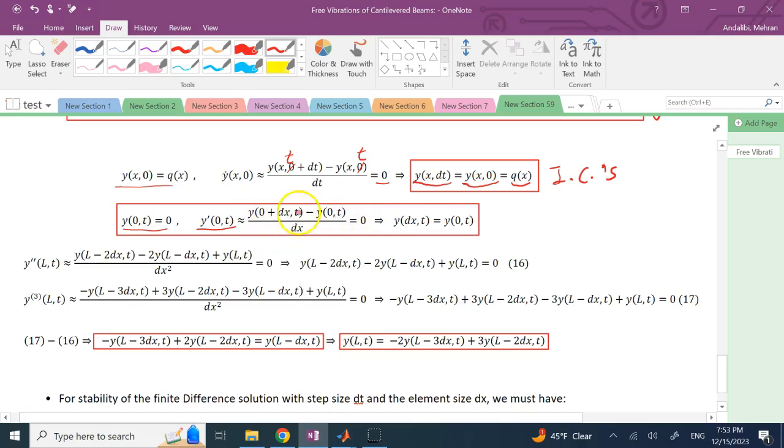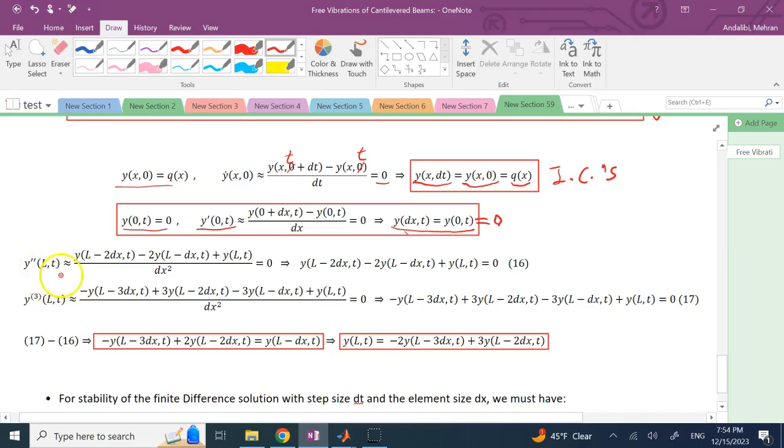If this is 0, that means the y at the first node is zero, they don't move, but also the second nodes, the second elements on the left side, will have no displacement. Because if they do, then you will have a non-zero slope. So you also have to fix the deflection of the second node, otherwise you will have a non-zero slope.